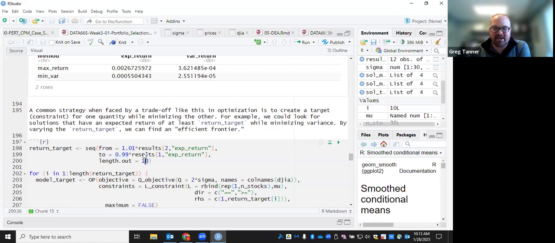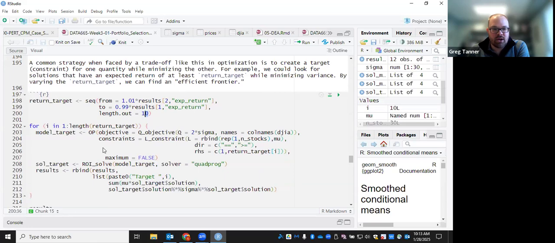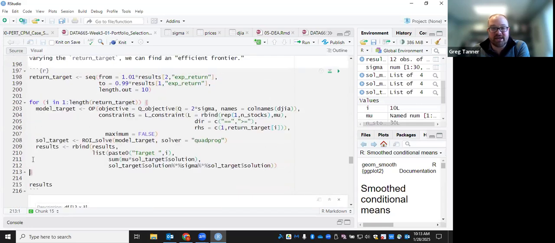And I've made 10 targets. So we'll solve the problem 10 different times, each time with a different target for my expected return. All this is then a for loop. A for loop allows you to repeat code many times. I'm going to repeat the code inside from the for loop to the closing curly brace 10 times.